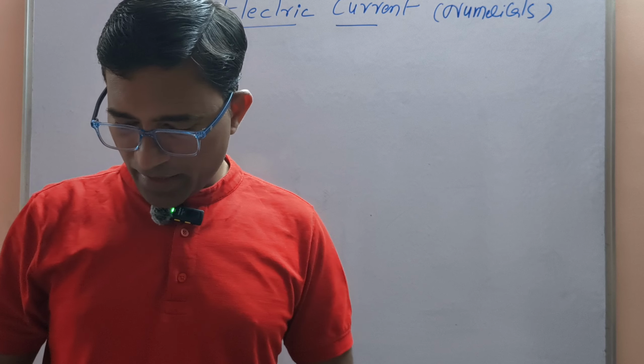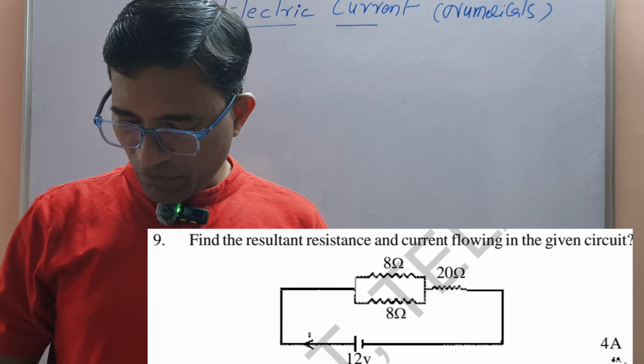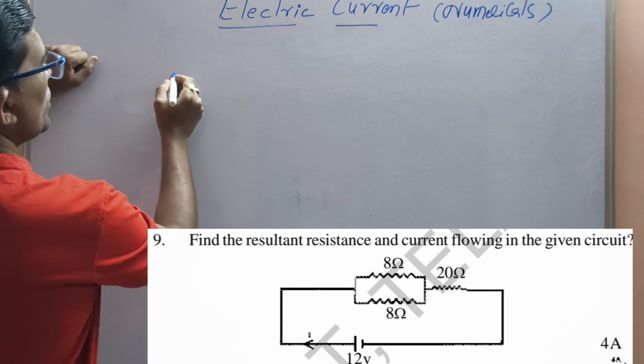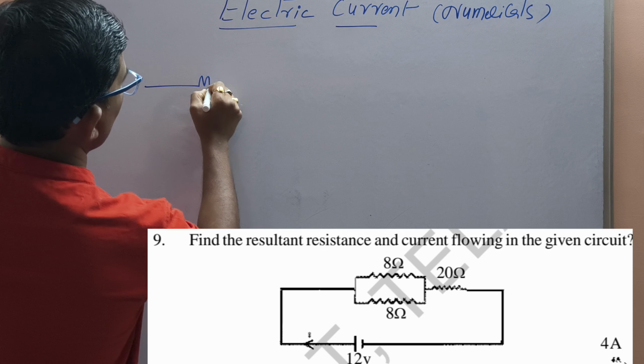Find the resultant resistance and current flowing in the given circuit. Please see the question on the screen. I am going to draw the circuit on the board.